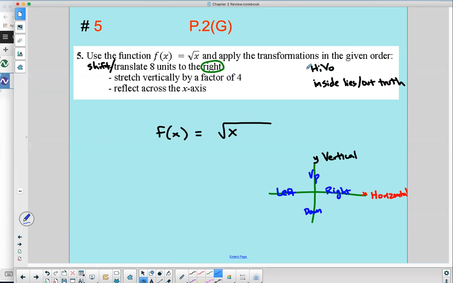Inside or outside? Inside. Horizontal needs to be inside the square root, and inside lies. So instead of going right, which we normally think is plus 8, it's going to lie. So what's the opposite of plus 8? Negative 8. So the first one, I'm going to put a minus 8 right there.